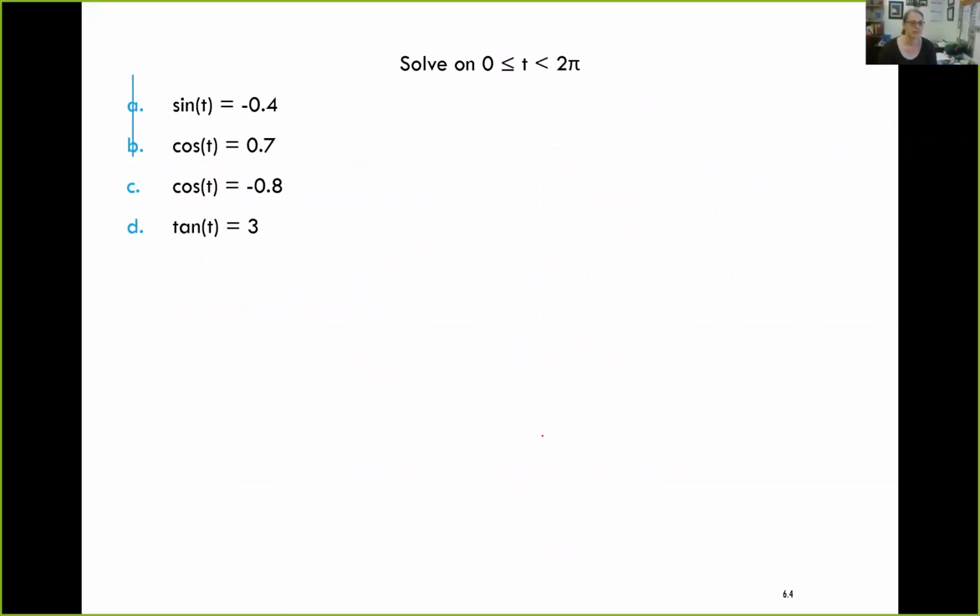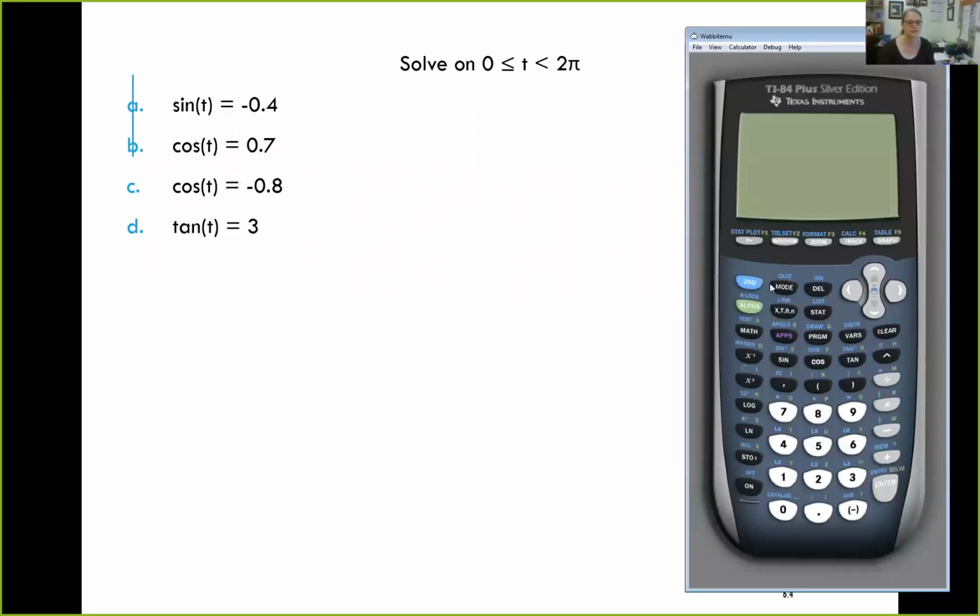Okay, let's do a couple of calculator problems. Sometimes it is acceptable to use your calculator, particularly when you're given problems like this. Sine of t equals negative 0.4. 0.4 is not a known unit circle value. So we're going to use our calculator. We're going to put our mode in radians.